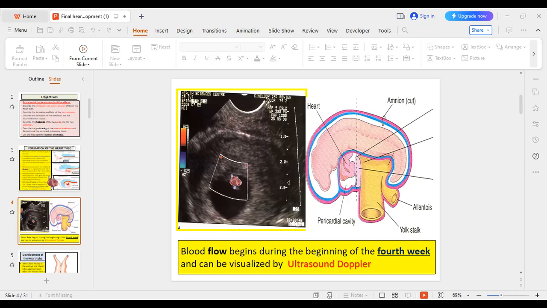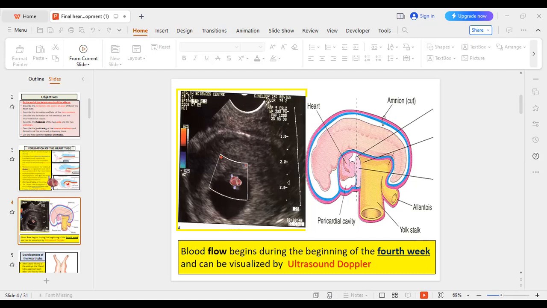So, the partitioning of the common atrium. You can see the common atrium. Now it has started. You can see the superior vena cava, the septum primum, the right atrium, the inferior vena cava, and the left, inferior, and right endocardial cushions. This is the process of partitioning of the common atrium.